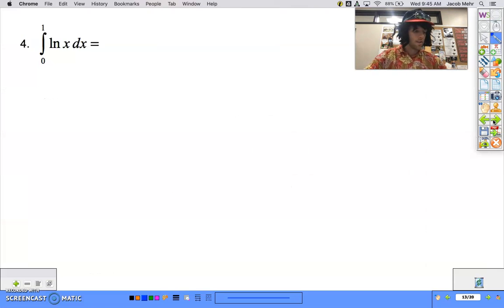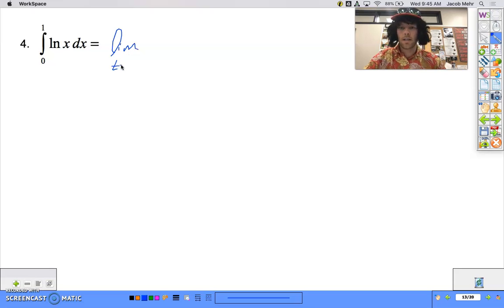Because it's on the left, we will set this up as the limit as t approaches 0 from the right side of the integral from t to 1 of the natural log of x dx.